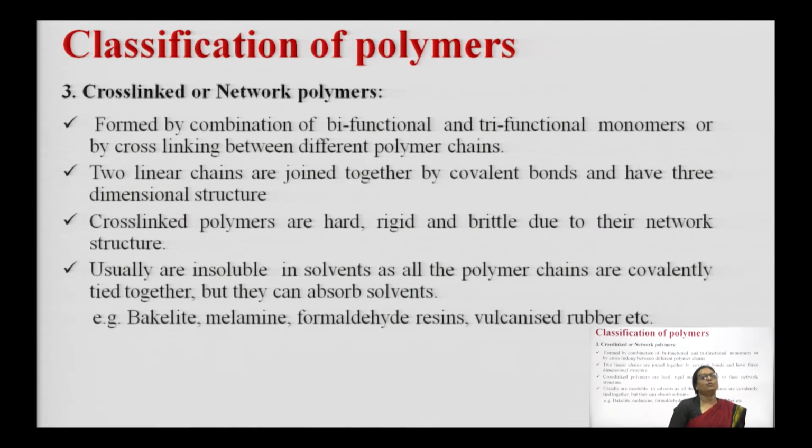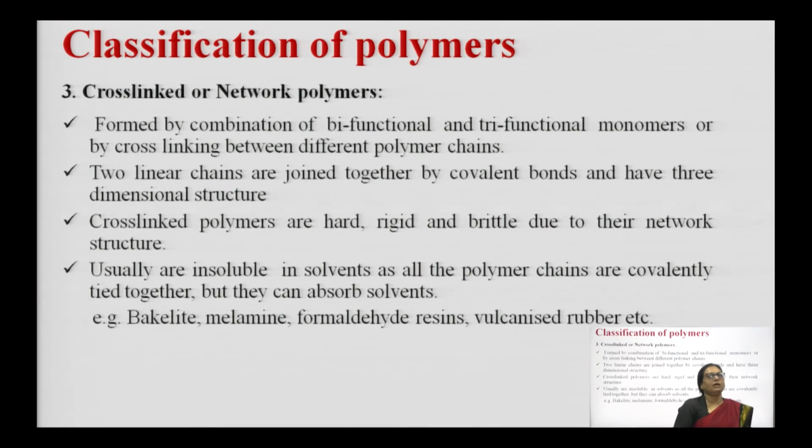Next we have cross-linked or network-like polymers. The name itself tells us that these polymers have extensive cross linkages. So, cross-linked polymers are hard, rigid and brittle due to their network structures.